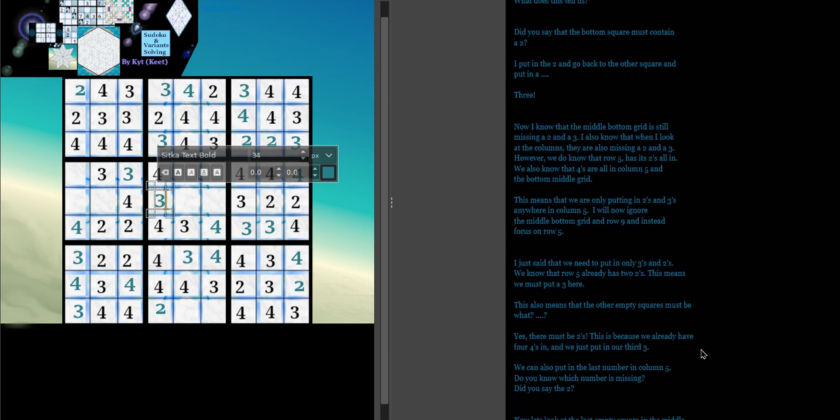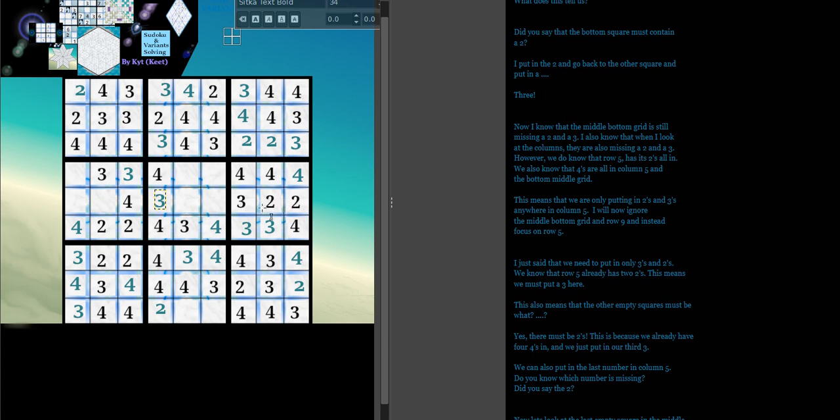Now I know that the middle bottom grid is still missing a 2 and a 3. I also know that when I look at the columns, they're also missing a 2 and a 3. However, we do know that row 5 has its 2's all in.